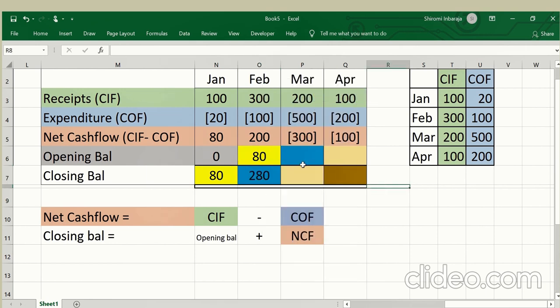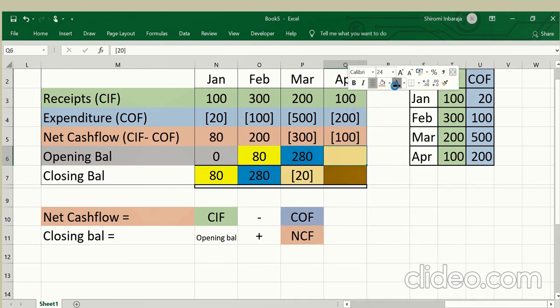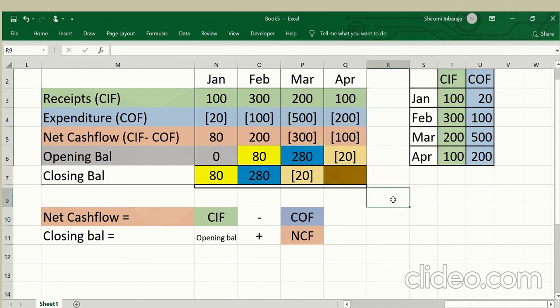Take this as the opening balance for March. Negative 300 plus positive 280, you get a negative figure, which is negative 20. Take this as the opening balance for April. Negative 100 plus negative 20, you get a response of negative 120.